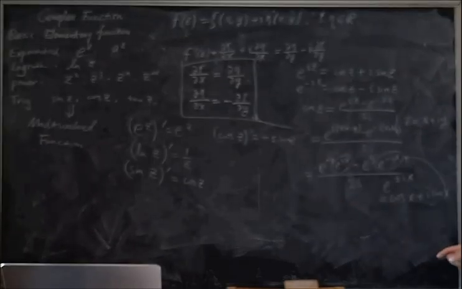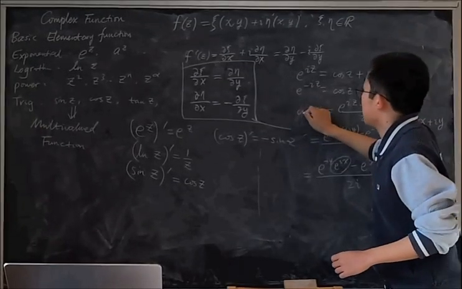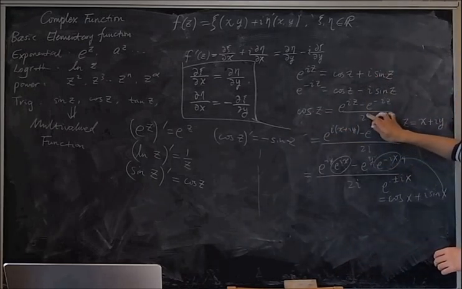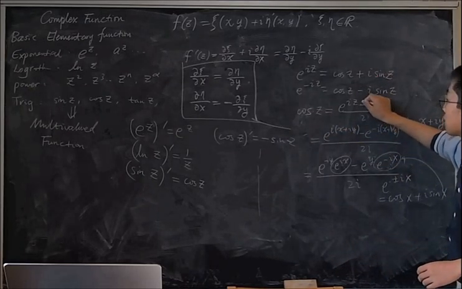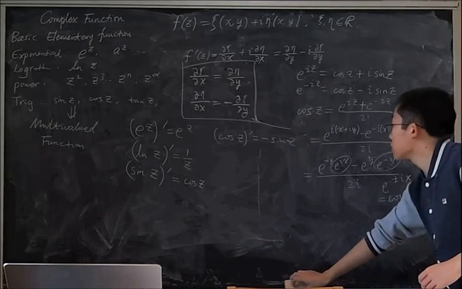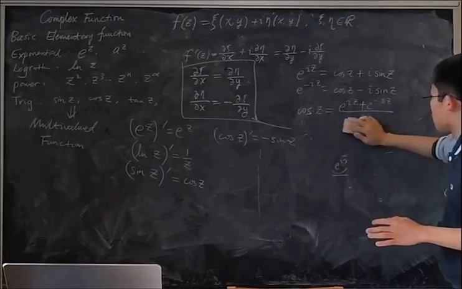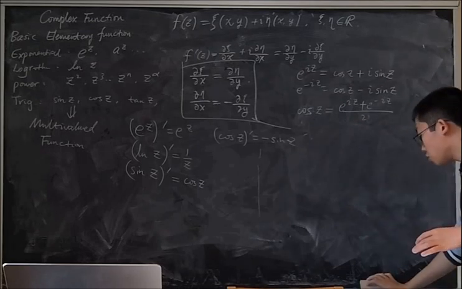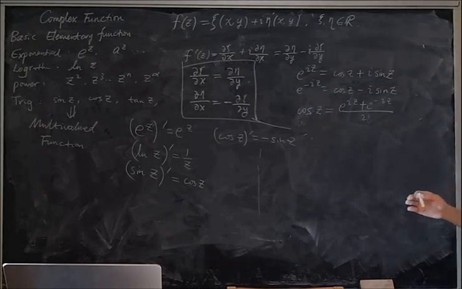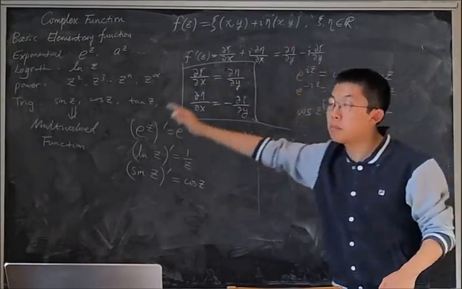For cosine z, you just repeat the same analysis, but replace this 2i with 2 and replace this minus sign with a plus sign. So first of all, the definition is a bit tricky, and we should no longer use our understanding of real functions to understand these complex functions.